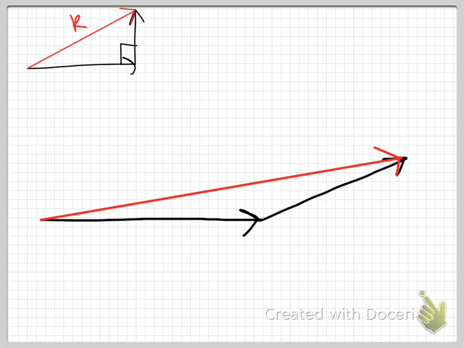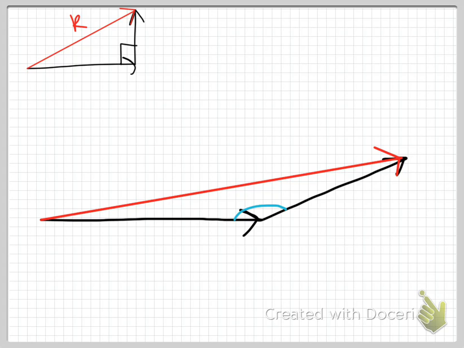We can make a scale, we can measure, but this is not a right angle. It's actually some weird obtuse angle. So how can we solve a non-perpendicular vector algebraically? Well, it's a combination of things, and a lot of it is trig. Let's walk through the basic theory on this.